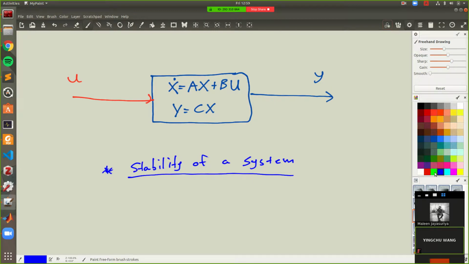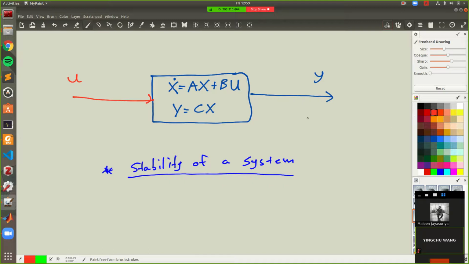The stability of a system basically determines whether your output is bounded or not. Let's say your final output, when you put in an input, grows like this uncontrollably, then you say the system is unstable. If it comes down to some sort of equilibrium, then we say it's stable. So let me discuss how to check whether the system is stable.